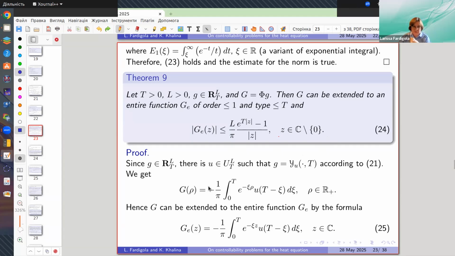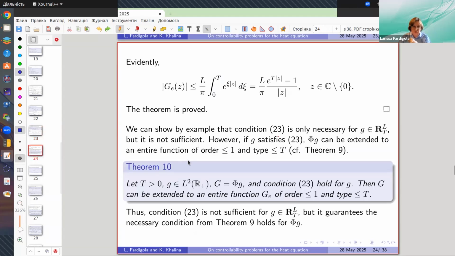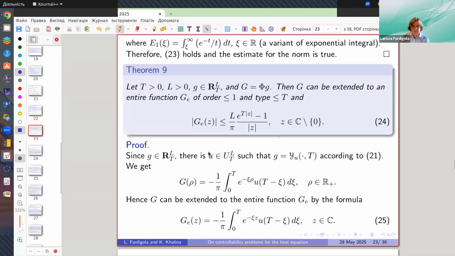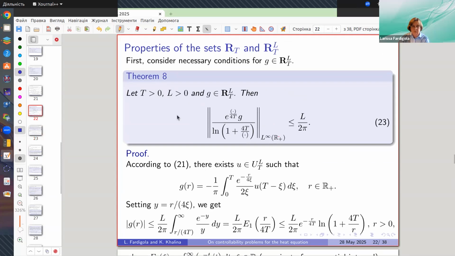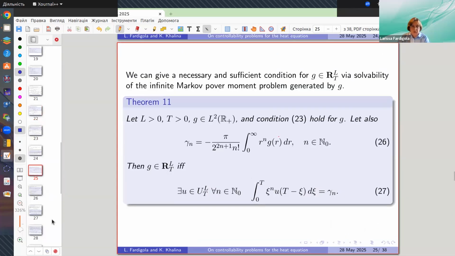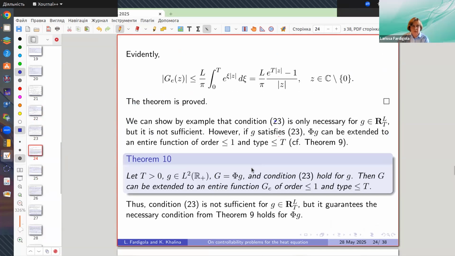This estimate is also obtained directly, and we can show by example that condition 23 is only necessary for G to belong to R both LT, but is not sufficient.